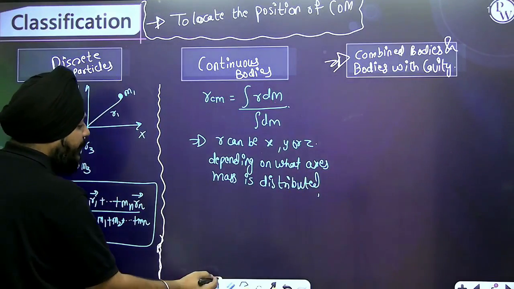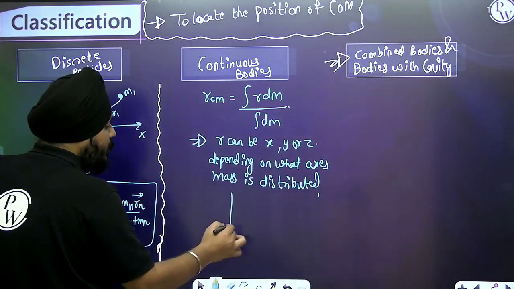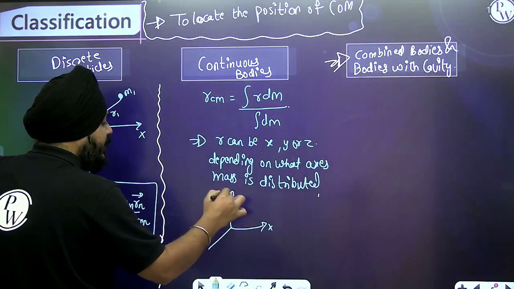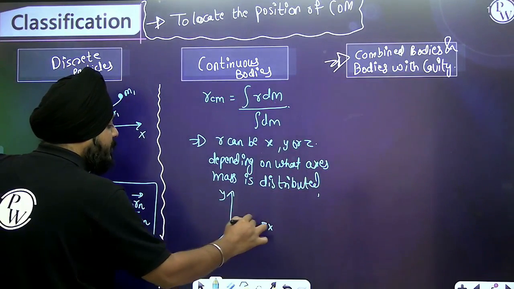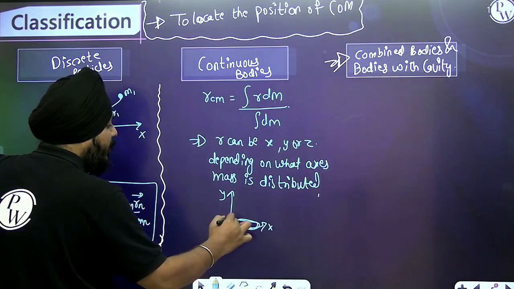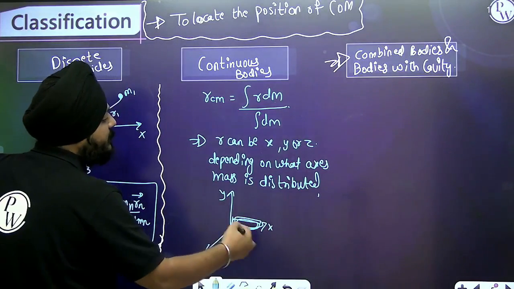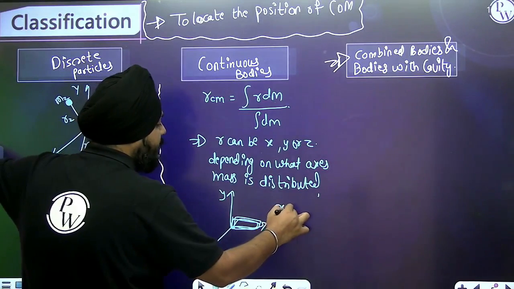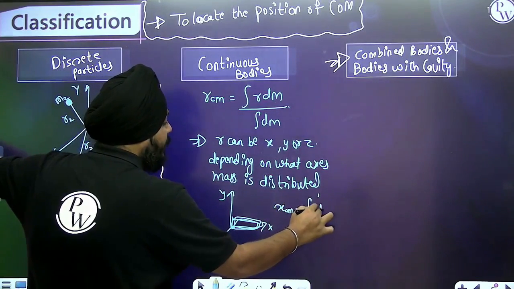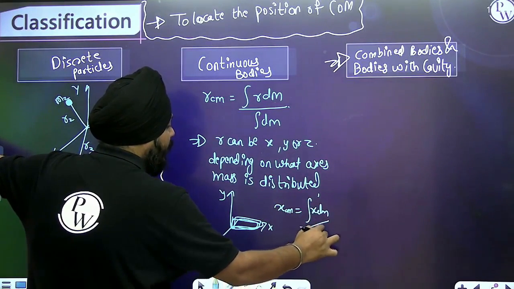Suppose this is a Cartesian coordinate system. This is x, this is y, this is z. This is a continuous body. Suppose it is distributed along the x-axis. So for this, x center of mass is the integration of x dm whole divided by the integration of dm.